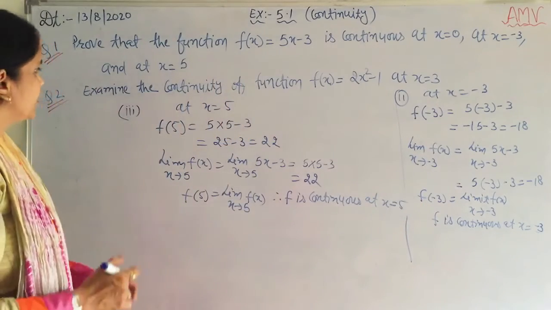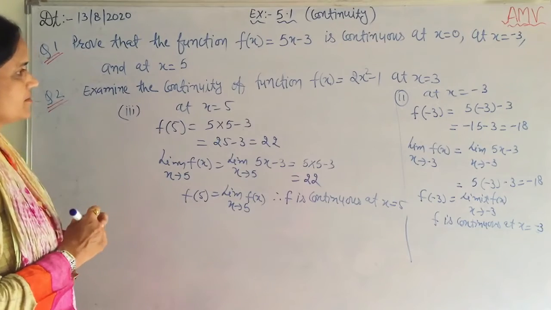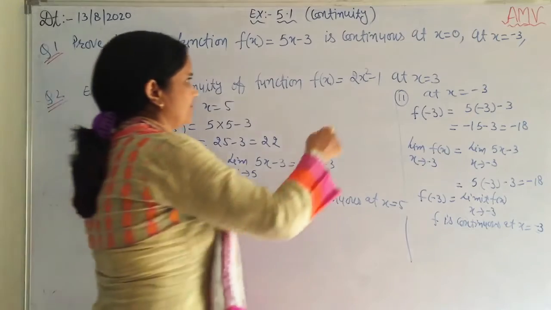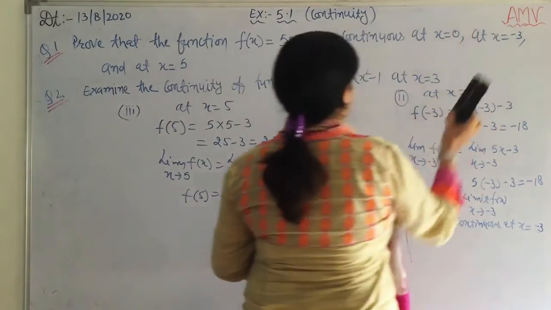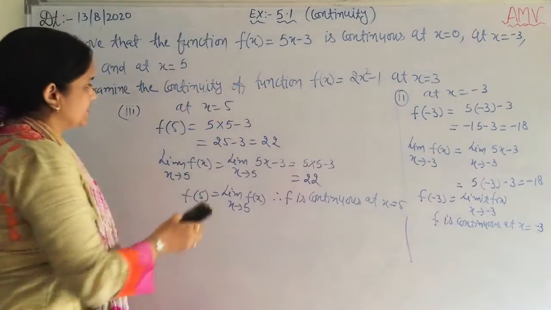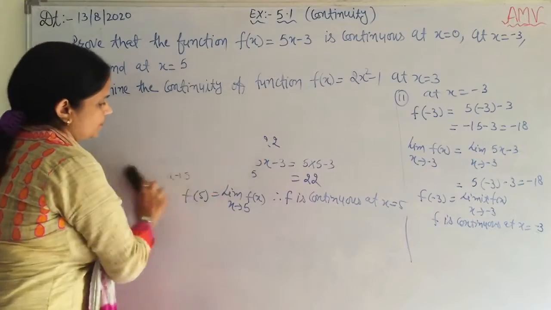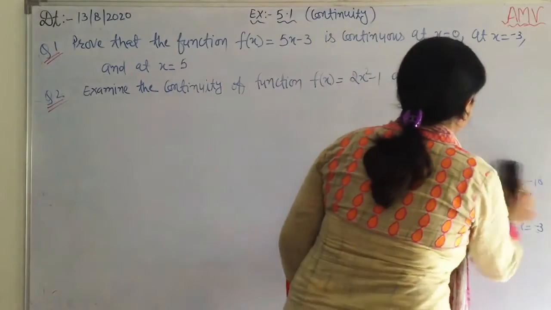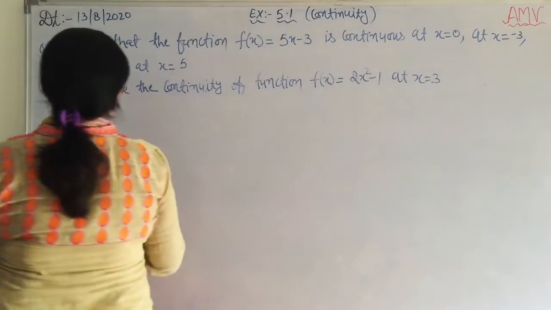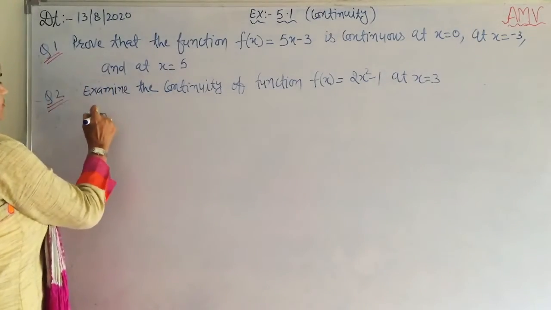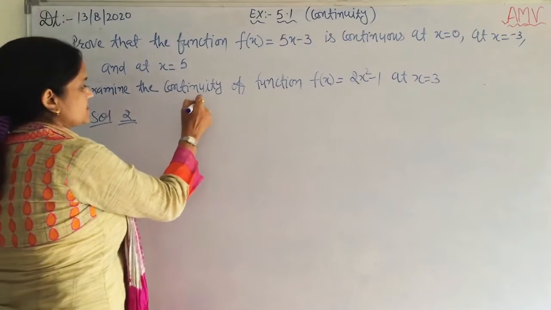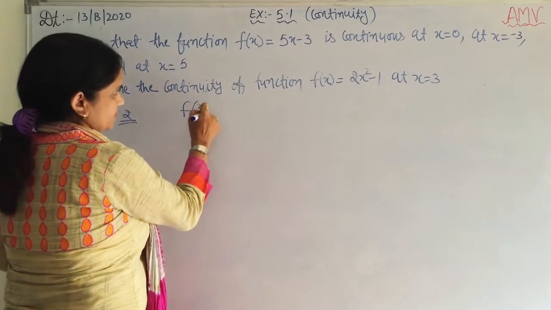For the second question, examine the continuity of the function f(x) is equal to 2x square minus 1 at x is equal to 3. Solution of question number 2. First you have to find f(3).